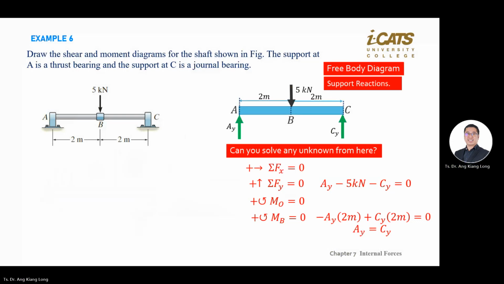CY is anti-clockwise, positive. So that's why minus AY plus CY, because these equations are using the moment equation. The second equation you see here is using the force equation. So don't confuse between the two.